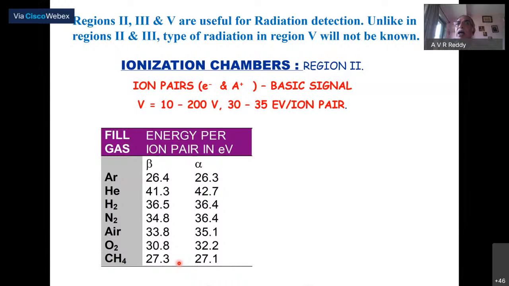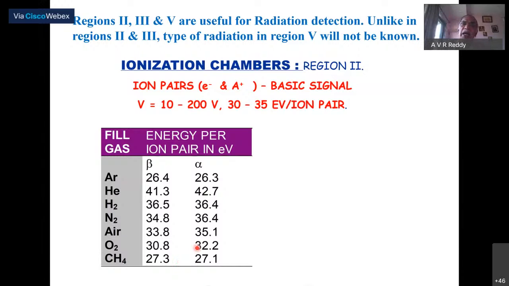And remember that particularly when you go into the GM region or where high multiplication is there, it is best to avoid water vapor, what we call humidity, or even oxygen, because it has a tendency of getting attached to an electron. So obviously the signal will be reduced, and then we have to correct for it.